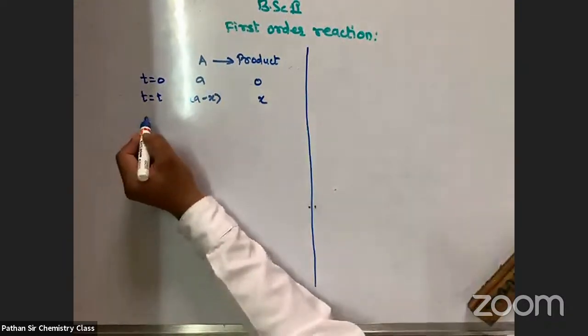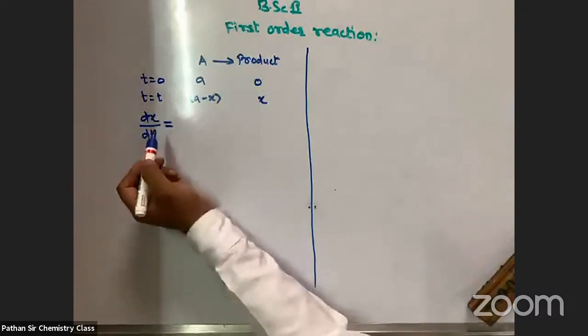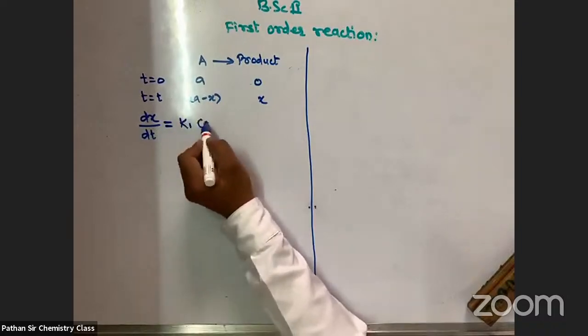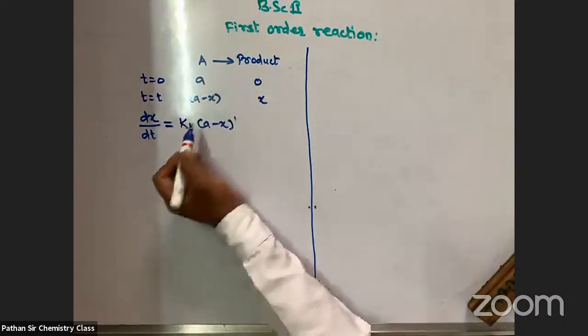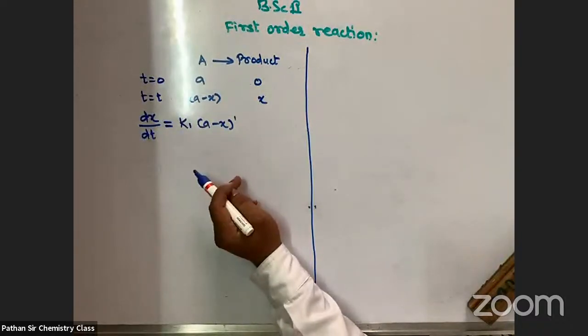Therefore, the rate of reaction in terms of the product is dx upon dt is equal to rate constant k1 times A minus X to the power 1. Why is power 1 given? Because it is a first order reaction.